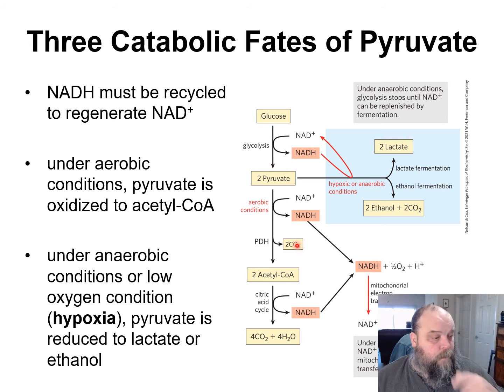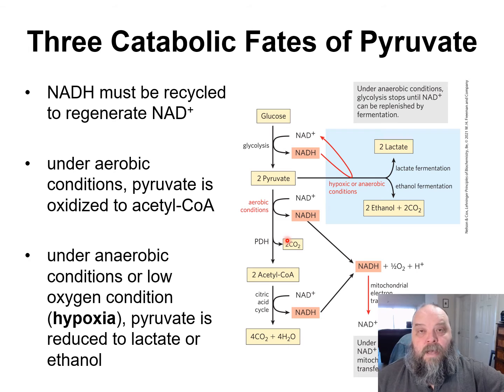Or if it's under aerobic conditions, NAD is reduced to NADH as you go from pyruvate to acetyl-CoA. Okay, this is the pyruvate entering into the mitochondria. The 3-carbon pyruvate will be turned into the 2-carbon acetyl-CoA, and carbon dioxide will be released.